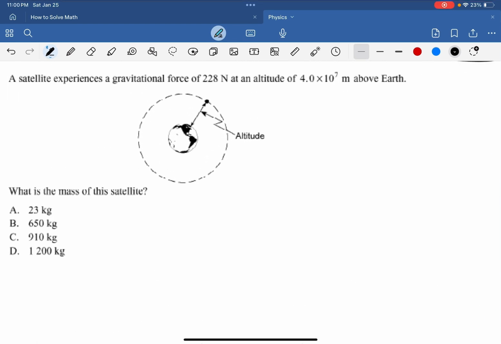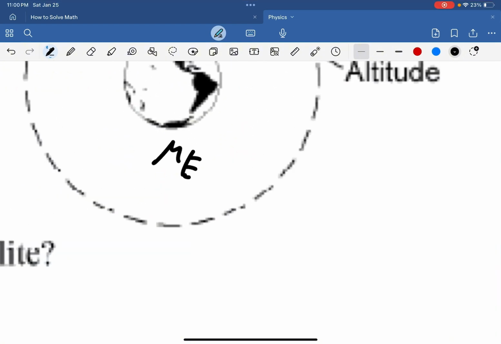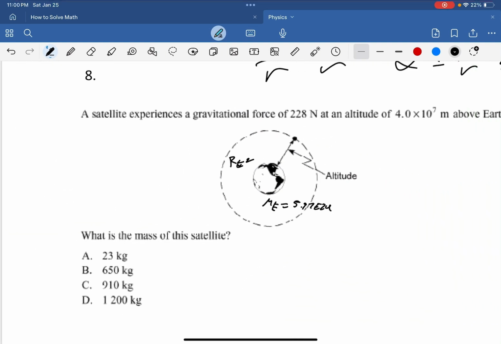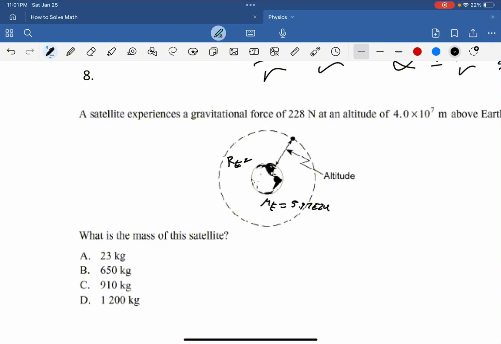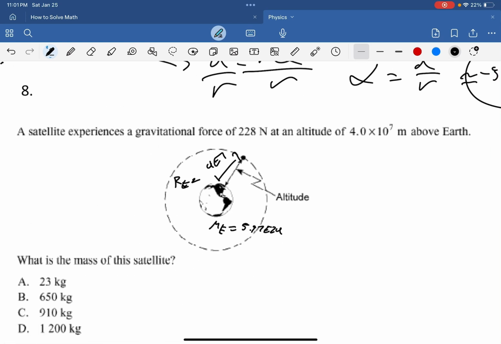Last question. A satellite experiences a gravitational force of 228 newtons. Well, I know that the mass of Earth is 5.97 E24. That's the only thing I memorized. I don't remember the radius, which I'll write down later. Anyways, we know that this distance is 4E7.